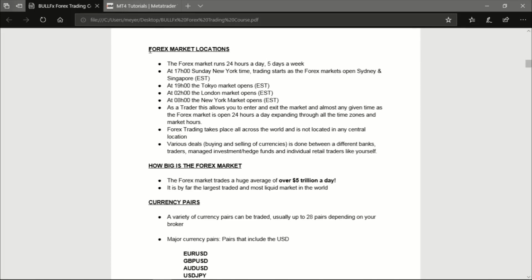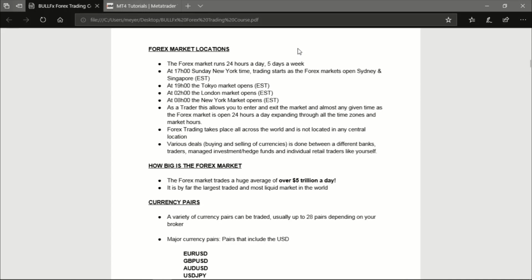So over here we've got Forex market locations. The Forex market runs 24 hours a day, 5 days a week, as I explained earlier. At 5 p.m. Sunday, New York time, trading starts as the Forex market opens up in Sydney and Singapore.